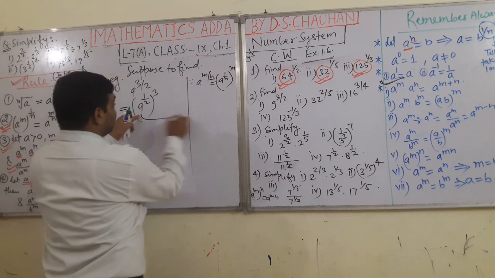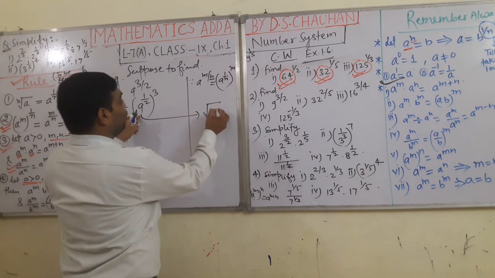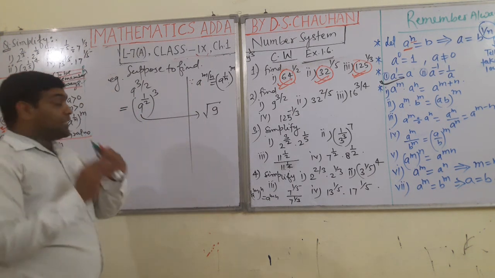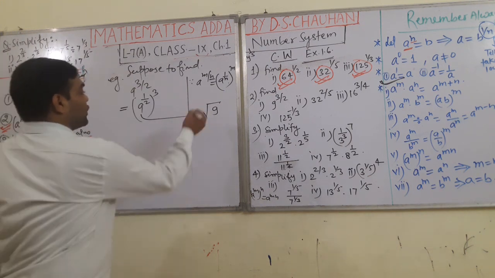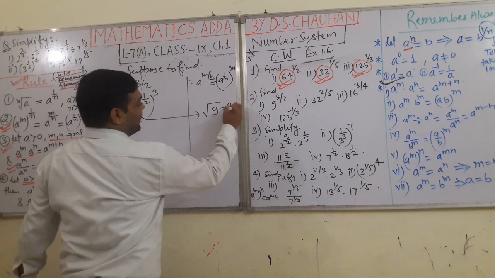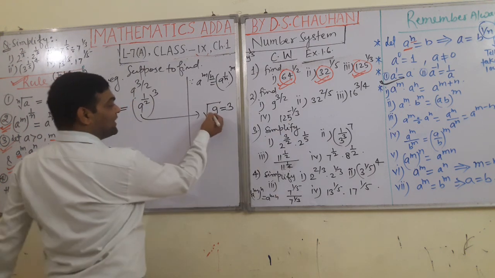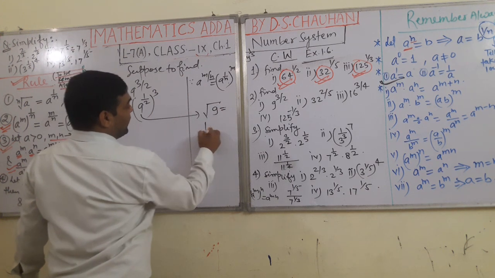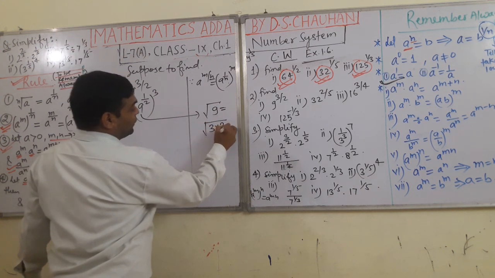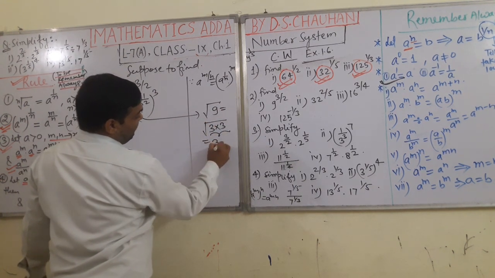This is nothing but the square root of 9. If it is the power 1 by 2, then 2 is always understood here. So the square root of 9, all of you know it is 3, because this tells us take 1 out of 2 identical things. This is 3 into 3, so one 3 will come outside.